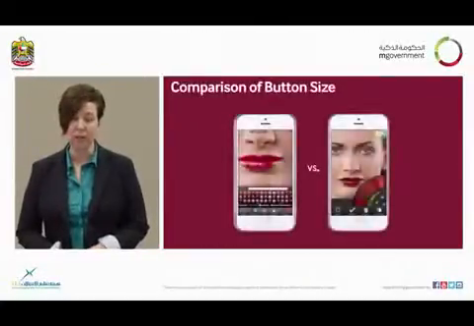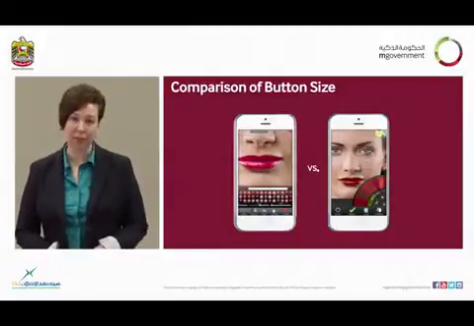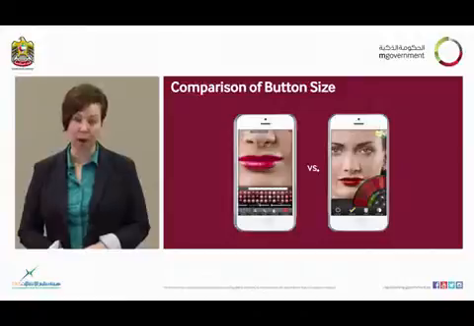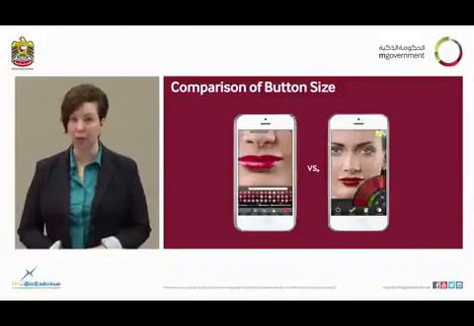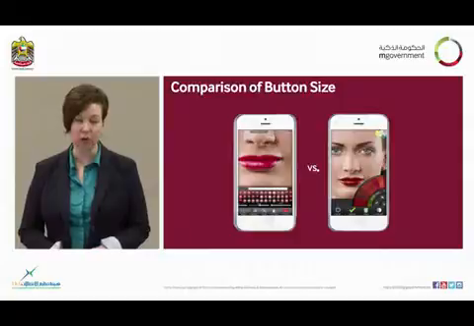On this slide, you'll see a comparison of button sizes. The example on the left has small buttons at the bottom. This is from a lipstick manufacturer. So conceptually, you're supposed to hit the button at the bottom, and then the color will match on the screen.